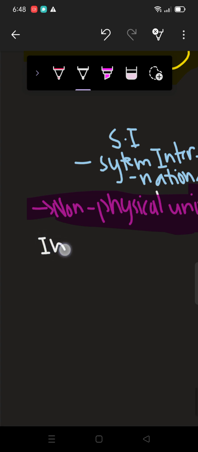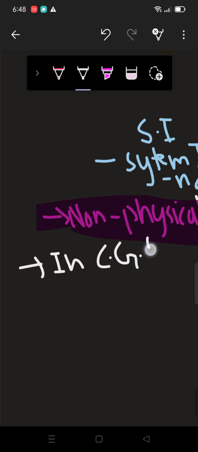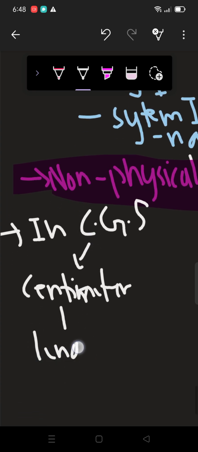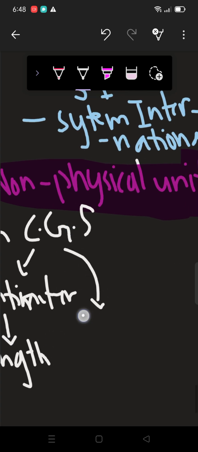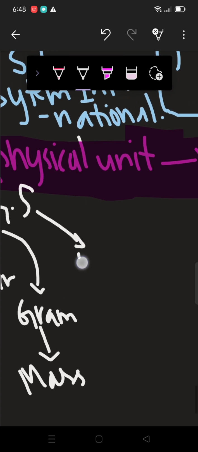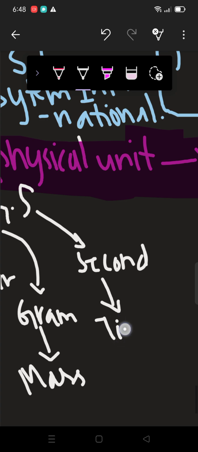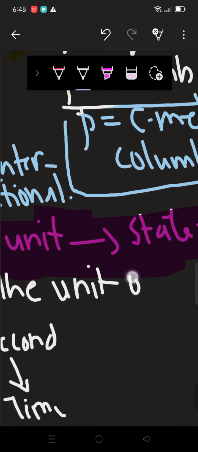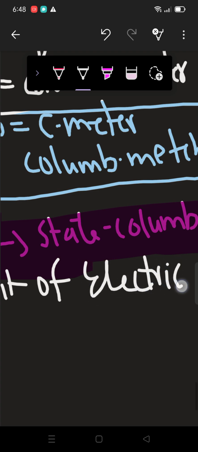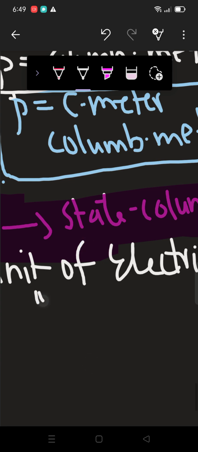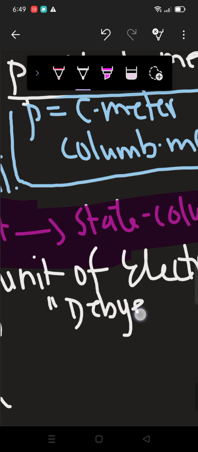In the CGS system, which means centimeter, the unit of length, gram, the unit of mass, and second, the unit of time, the unit of the electric dipole is the debye.